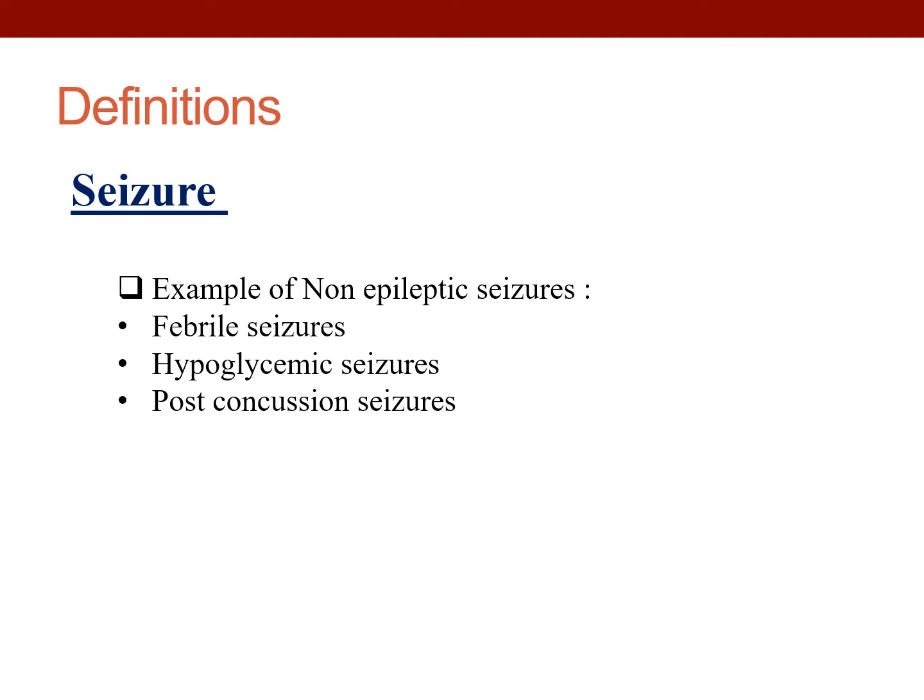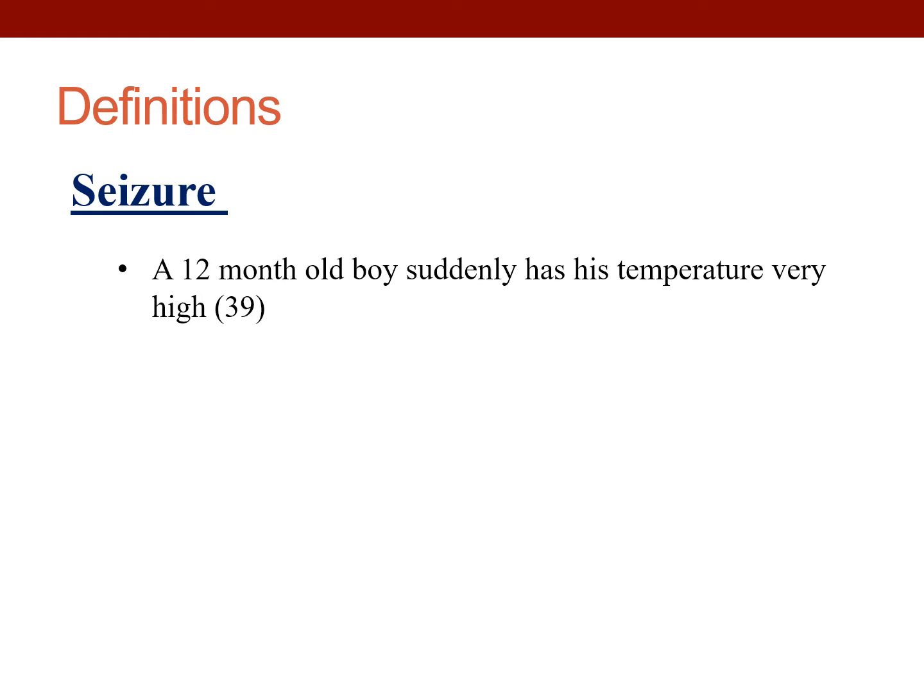Seizure is just a symptom of an abnormality that can seize your activity. The cause may be different, and that's why it's very important to always look for the cause. Now, going to an example for that: a 12-month-old boy who suddenly has a very high temperature, 39 degrees.